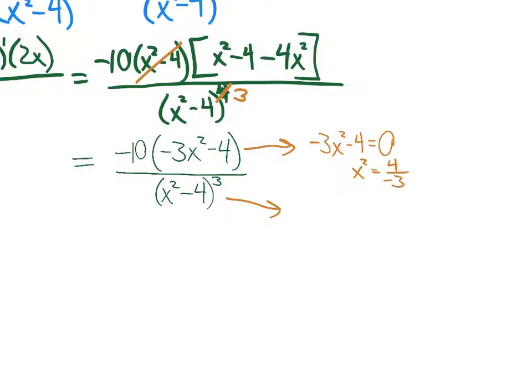Is that going to give us any results? No. So my second derivative will actually never have a 0. But if I look at the bottom, where does that equal 0? Plus or minus 2. So x is plus or minus 2. So I'm going to have a change in concavity, possibly, at plus or minus 2.